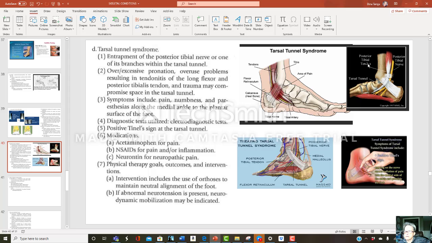The posterior tibial tendon and posterior tibial nerve go underneath the flexor retinaculum right there. And that's the tunnel. And then the test for tarsal tunnel syndrome, the positive is a Tinel sign. So tapping on the nerve causes radiation of pain into the medial side of the ankle and possibly the foot.